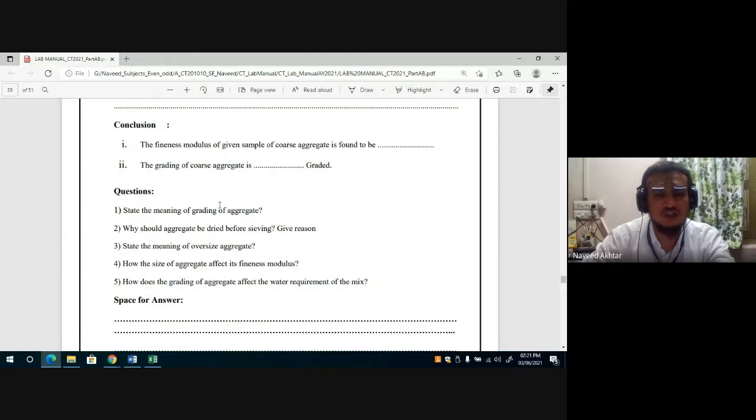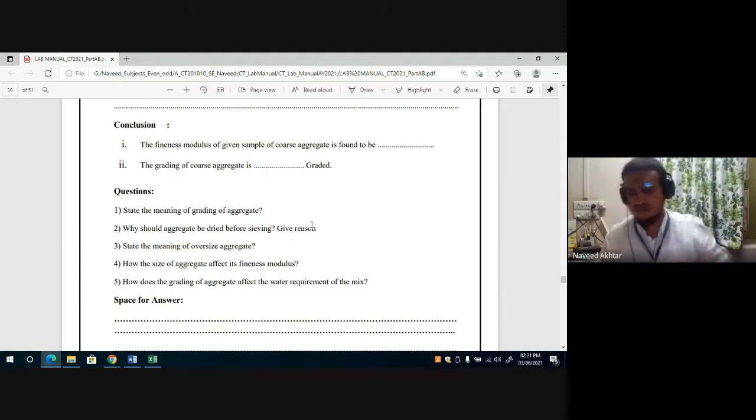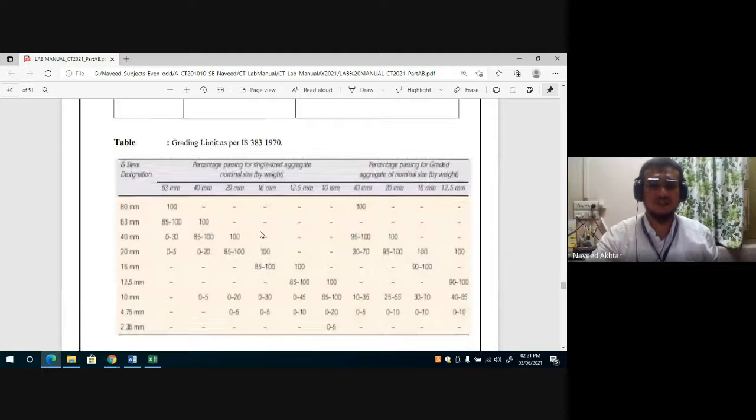The grading of coarse aggregate is to find that the grading is as per the IS 383 table. This table is given by IS 383.